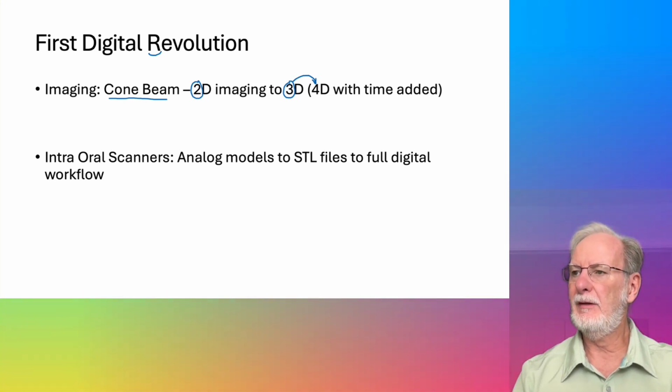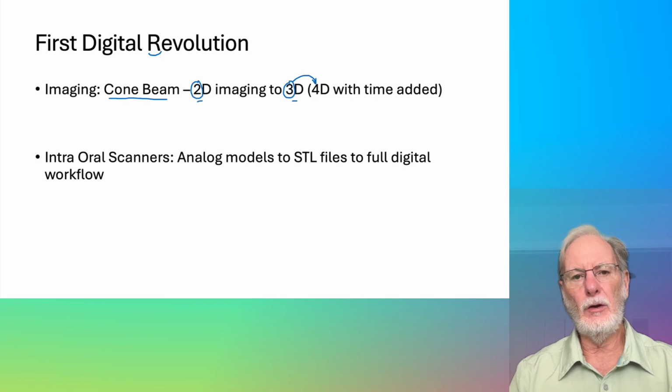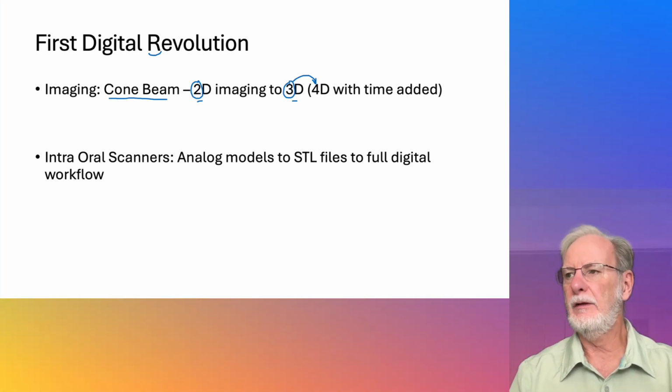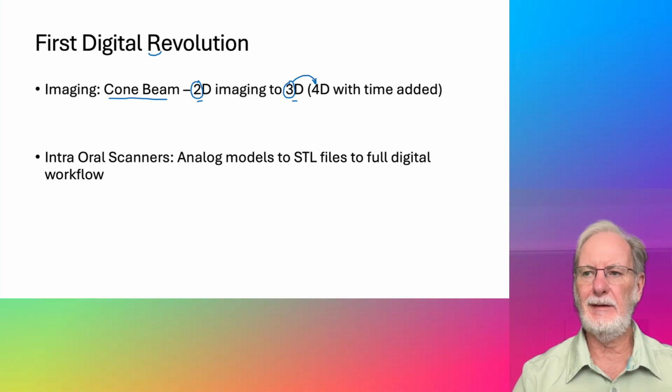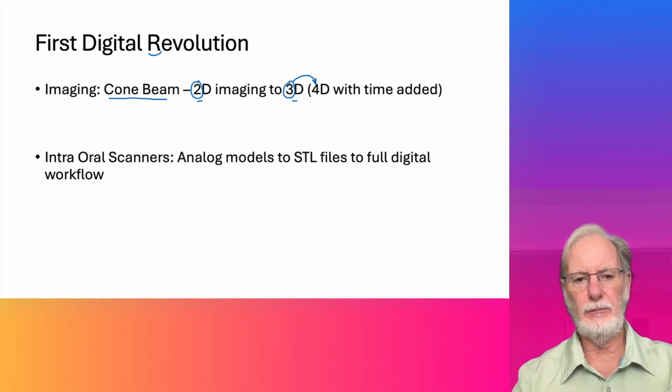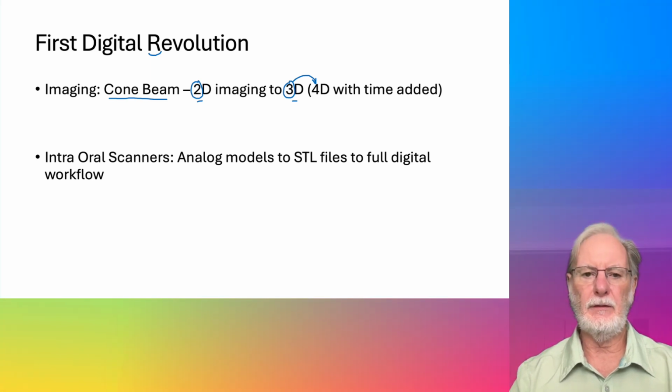So that was a big difference. It took a while. There is still some controversy about using cone beams on a lot of patients, rightly so. I think they should be reserved for more complicated treatment plans, but it's undeniable that giving a 3D image of a craniofacial structure is much better than trying to figure it out with 2D imaging.